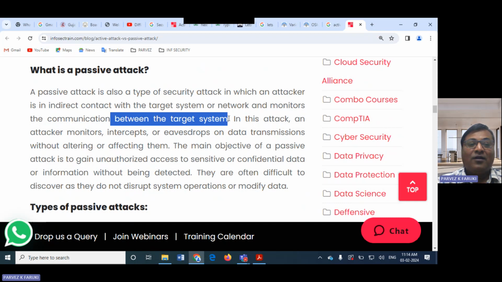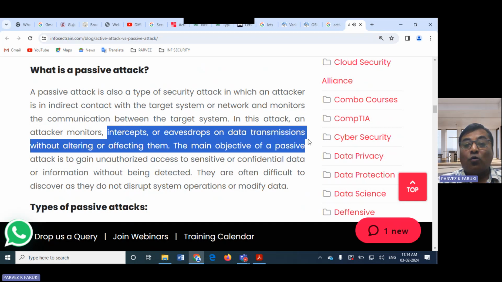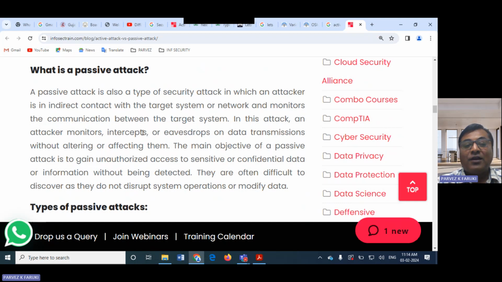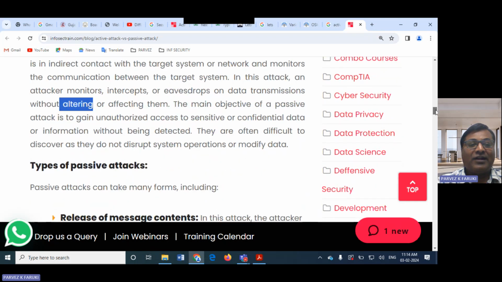But remember, when you want to actively attack your target, you need to know what's happening, how your client works, how the server responds. Only then would you be able to attack somebody. So you try to intercept the messages, you try to eavesdrop on the data transmission without making a change. You are just trying to look at what's happening around. So that's how a passive attack is.